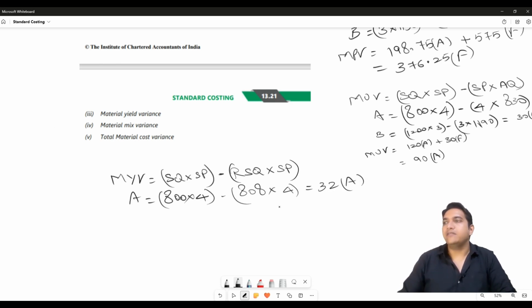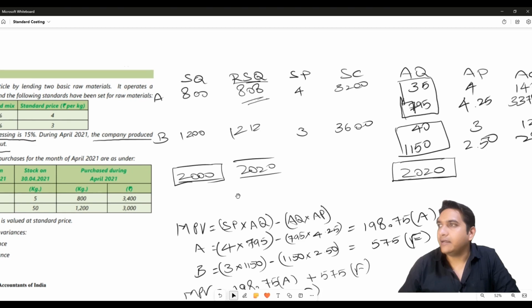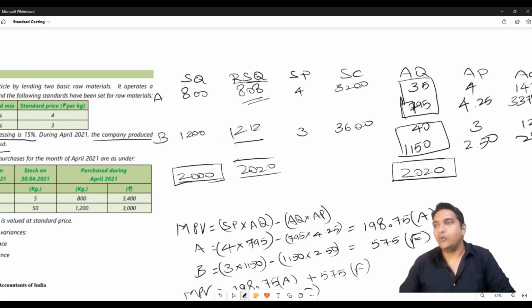How do we know it is adverse? Because it is negative. For B, again 1200 times 3 minus 1212 times 3. How is it 1212? Look back at our table. It says 1212 revised standard quantity.